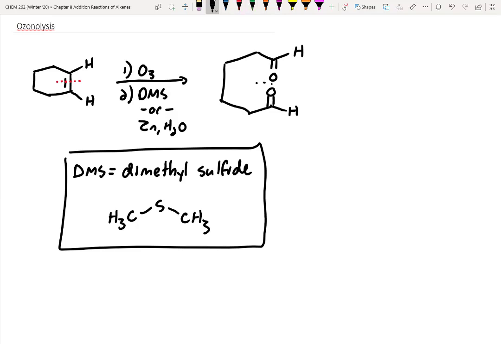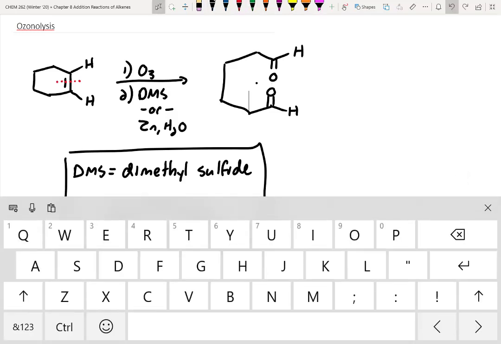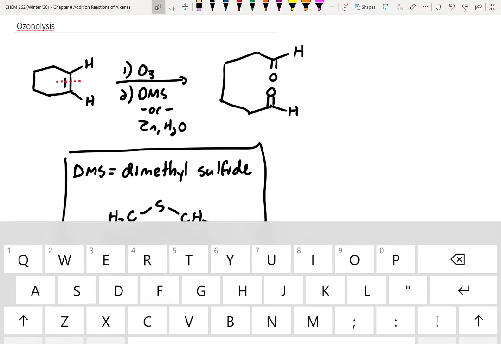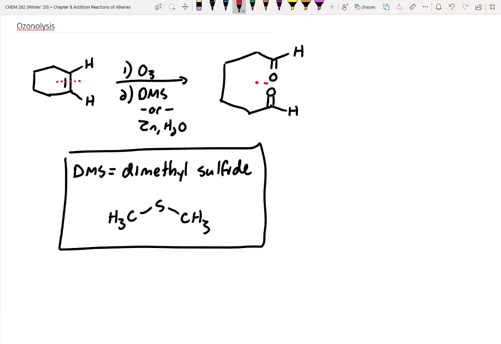But you see how these oxygens were inserted where that cut is. What new functional groups have we made? It's an aldehyde, right? And I'm going to put or ketone in parentheses there.